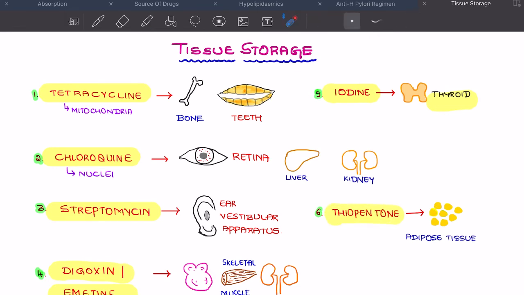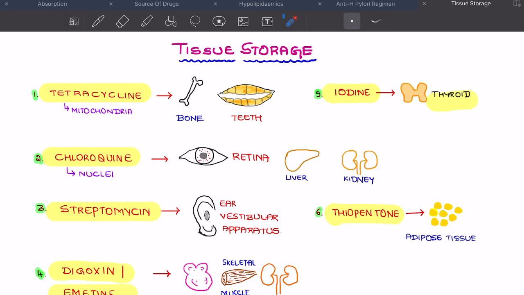Please remember, thiopentone gets accumulated in the adipose tissue. They get dissolved in neutral fat due to high lipid solubility, that is in the adipose tissue.